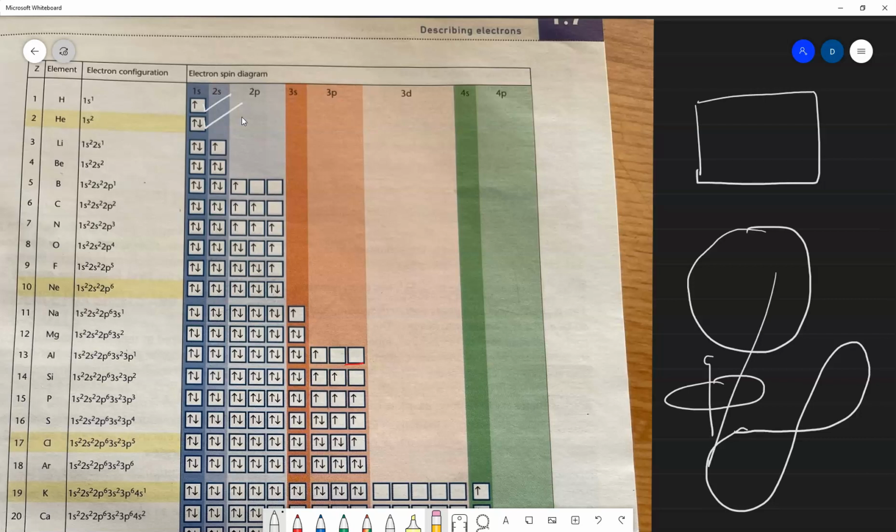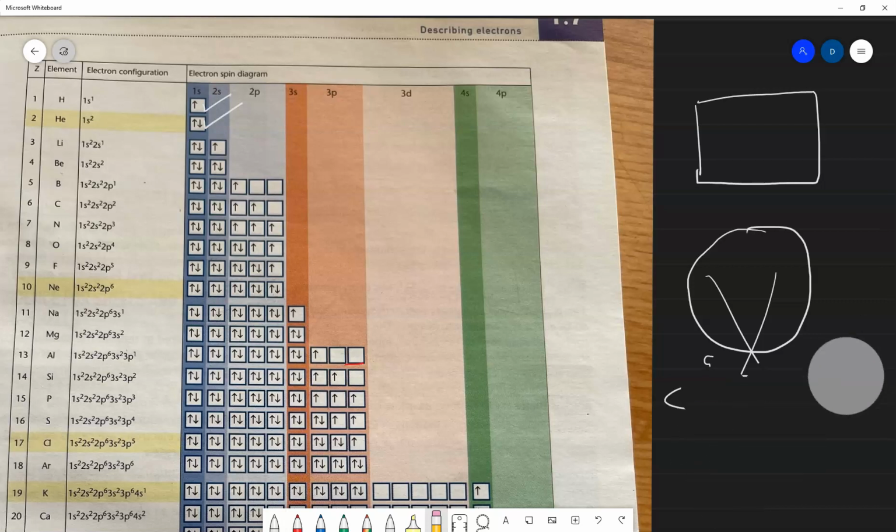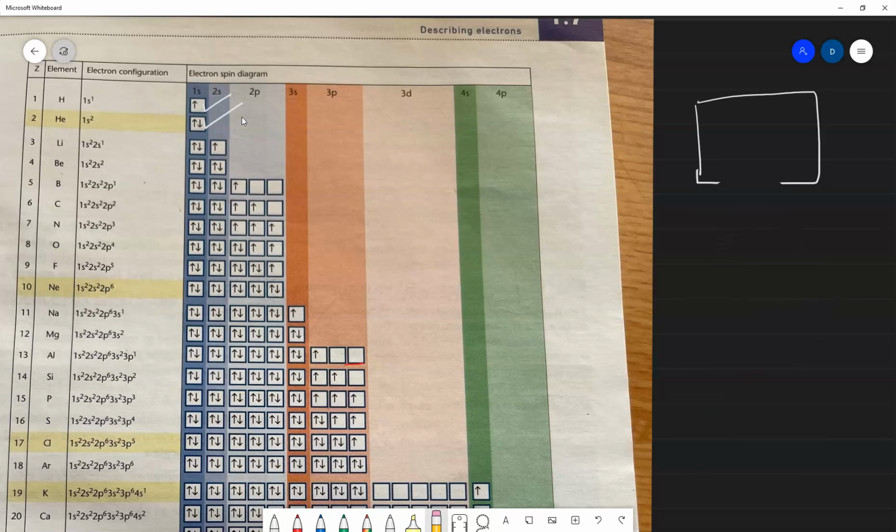Just use an empty box to show that this is an orbital. It can have a maximum of 2 electrons. Now when you show the first electron, for hydrogen for example, hydrogen has only 1 electron, and that electron is in the s orbital in shell 1.